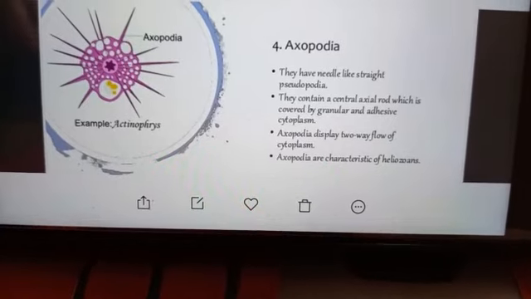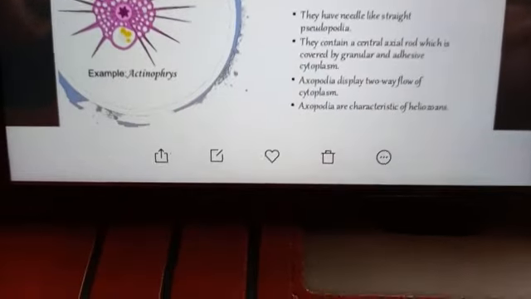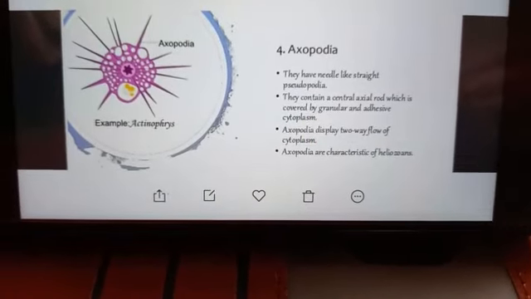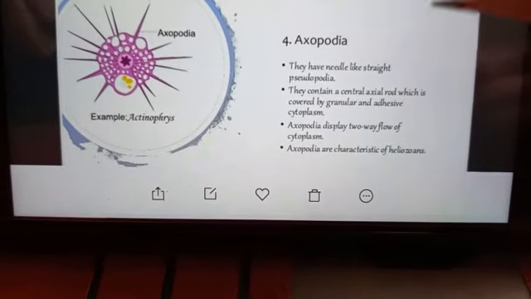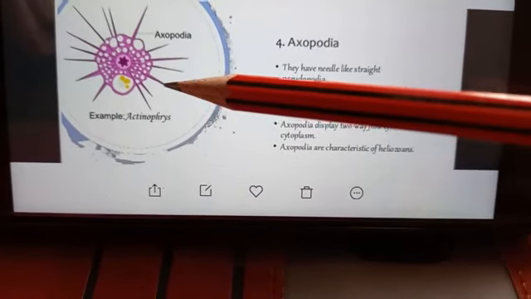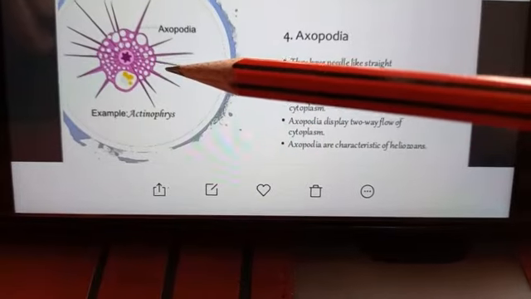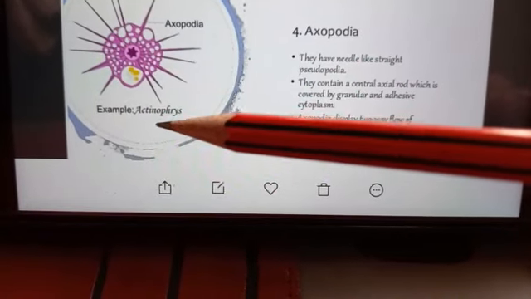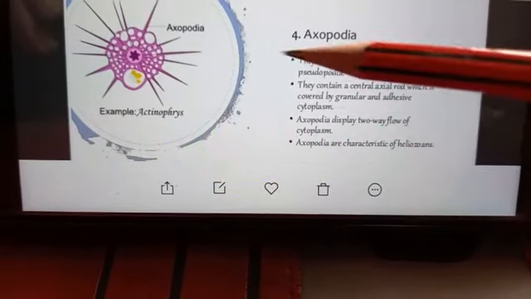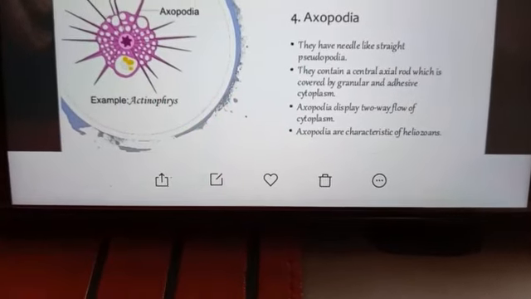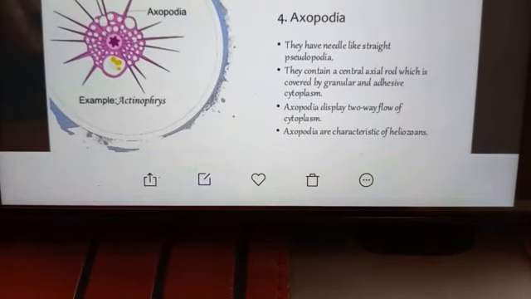Here you can see this is the exopodia. Now exopodia, as I gave you that day, look like the sun animalcule, found in organisms which are the sun animalcules. The example is Actinophrys, and here you can see they have needle-like straight pseudopodia.